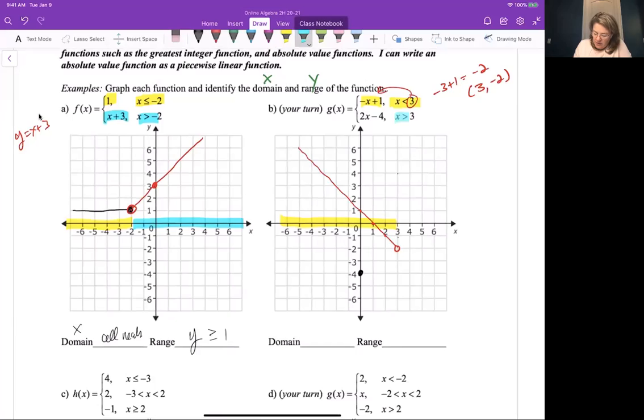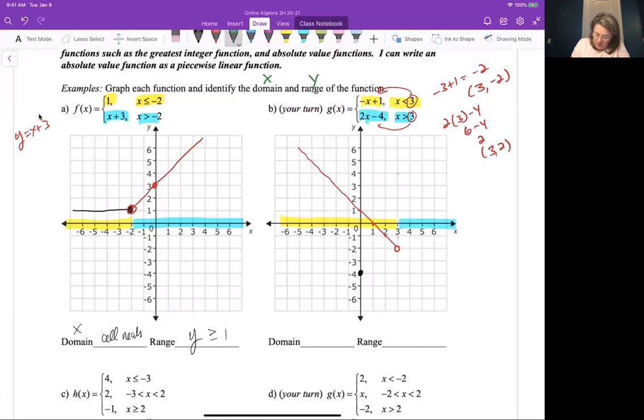Next one, x is greater than 3. I have the equation of 2x minus 4. So take your 3, plug it in there, get your data point on your boundary condition. So I get 6 minus 4, which gives me a y value of 2. So now I have 3, 2. I've got to go find my first point that I want to start evaluating. So x is 3.